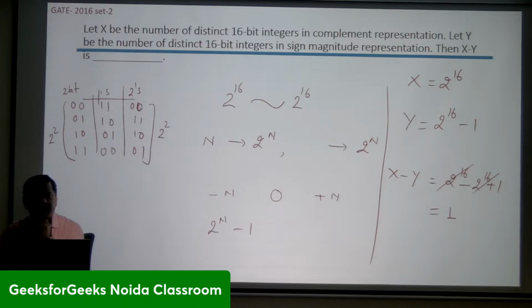Is that clear to everyone? Please respond. Yes or no? Rather than 16-bit, it could be 32-bit, k-bit, or any random value, but your logic should be the same.